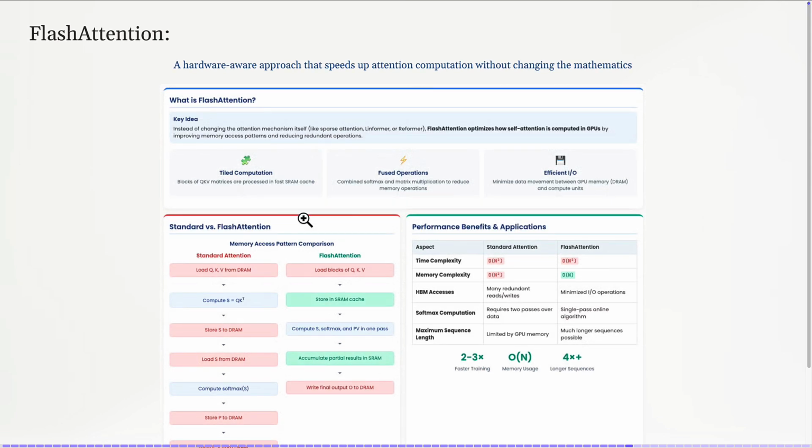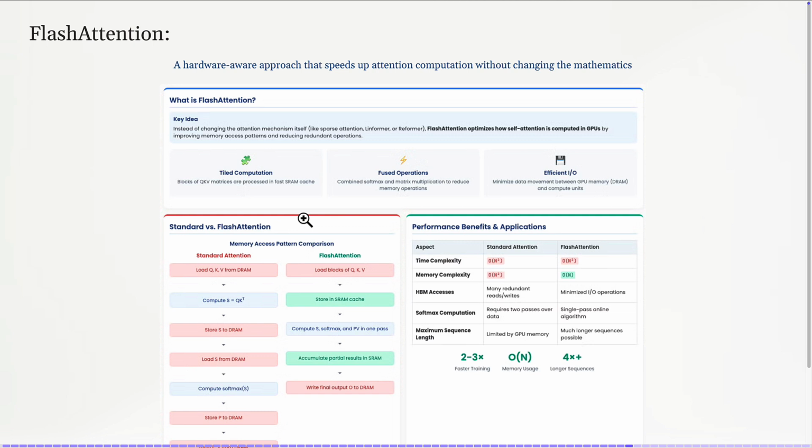Okay, this is a more technical slide. The other one was just to give some intuition. Now, this is how it works for the computation. First of all, the standard attention loads the QKV from the DRAM, computes the dot product, and stores S to the DRAM, then loads S from the DRAM, computes the softmax function, and stores P to the DRAM. So you can see how many inputs and outputs from and to the memory happen in standard attention.